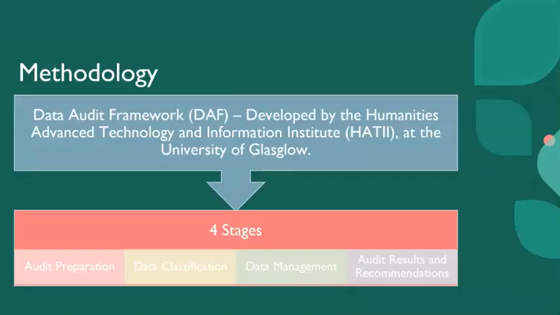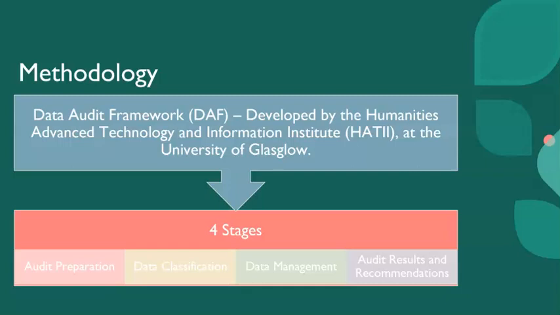We will be using the Data Audit Framework, or DAF, to help guide us in our assessment of Ellucian, Blackboard, and Unified. This framework conveniently guides us through 4 stages in performing the assessment. Stage 1, Audit Preparation, is used to define the scope and purpose of the audit and to conduct preliminary research.